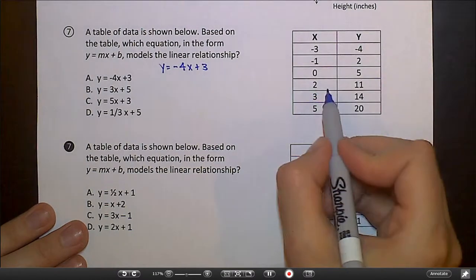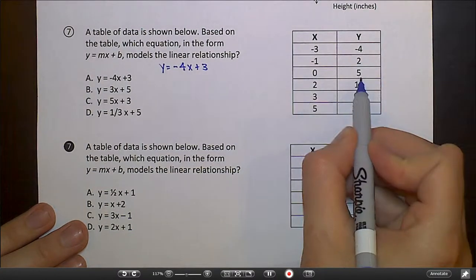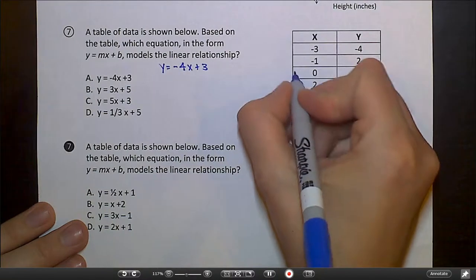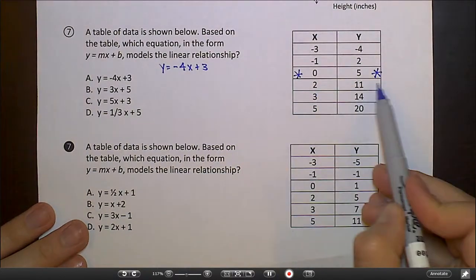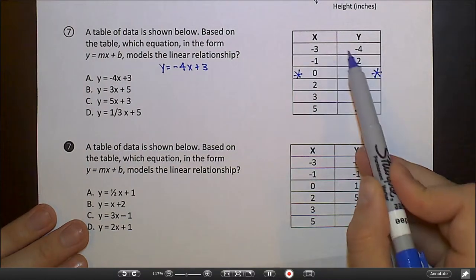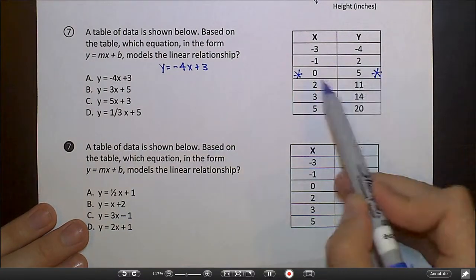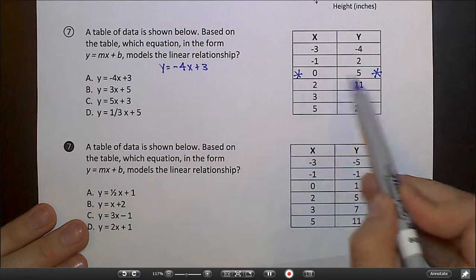I'm going to take the easier ones, 0 and 5. If this one works, then I'll try the tougher ones, because I know it's got to fit for all of them, so I might as well test the easy ones first.